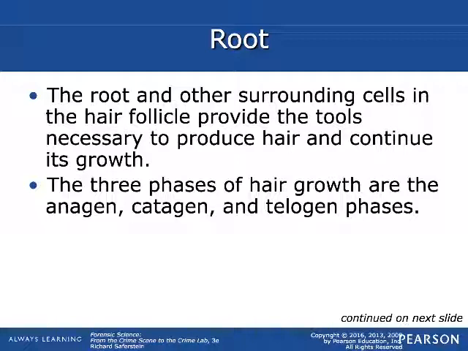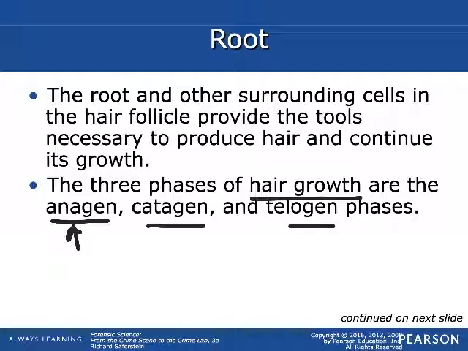Now, hair has 3 growth phases: anagen, catagen, and telogen. In the book, it's on page 323. Anagen is when it's first growing, so the hair follicle is starting to produce hair.